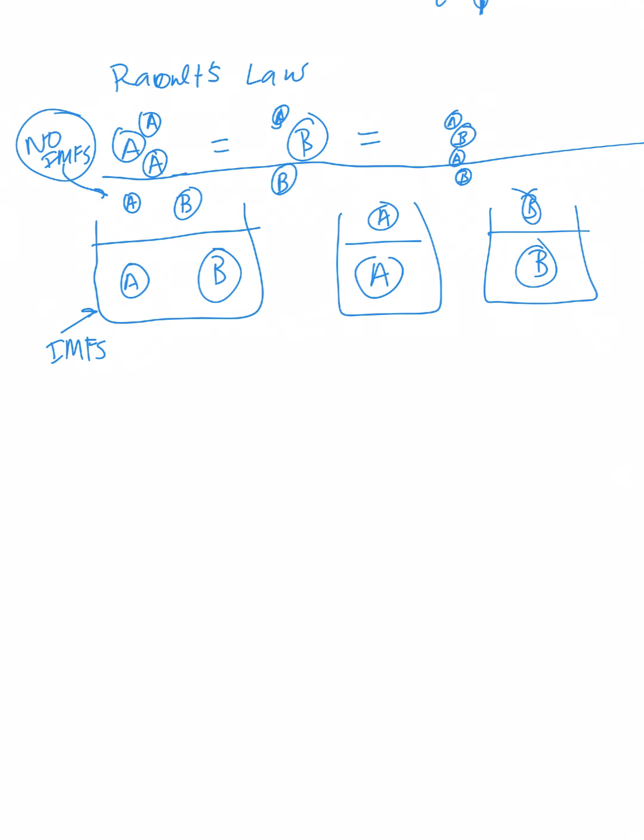So if we have a mixture of A and B, let's say, for instance, the mole fraction of A is 0.5 and the mole fraction of B is 0.5. We have our P naught vap of pure A versus our P naught vap of pure B, so we've got vapor pressures that correspond to our pure solvents.